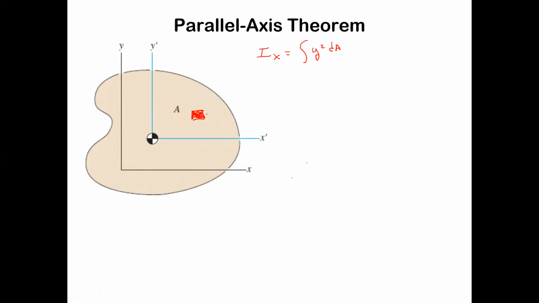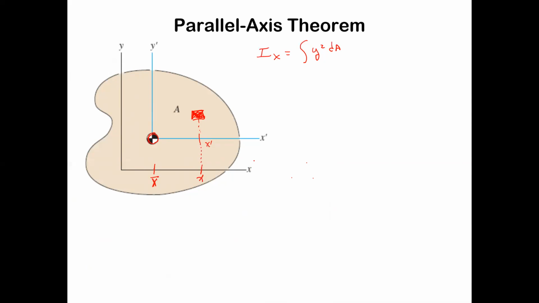That dA appears on the x prime axis at some value, we'll just call it x prime, and it appears on the x axis at some point x. The centroid of the body is indicated, and the x prime, y prime axes are going through that. So this is the location of the centroid on the x-axis.